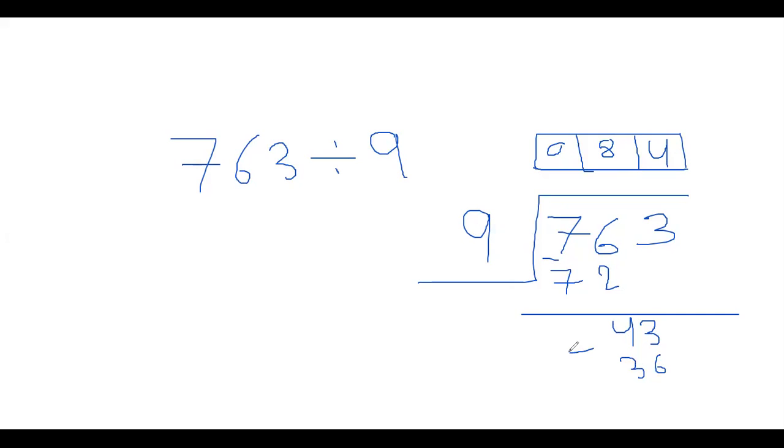And now we subtract. Now this 3 can't be subtracted from the 6. So I will take one from here. That will be 3, and that will be 13. Now 13 minus 6, we have 7. So the answer is, you will find something like this in the exam. The answer is 84 with remainder 7. Okay, you will choose that answer, 84 with remainder 7.